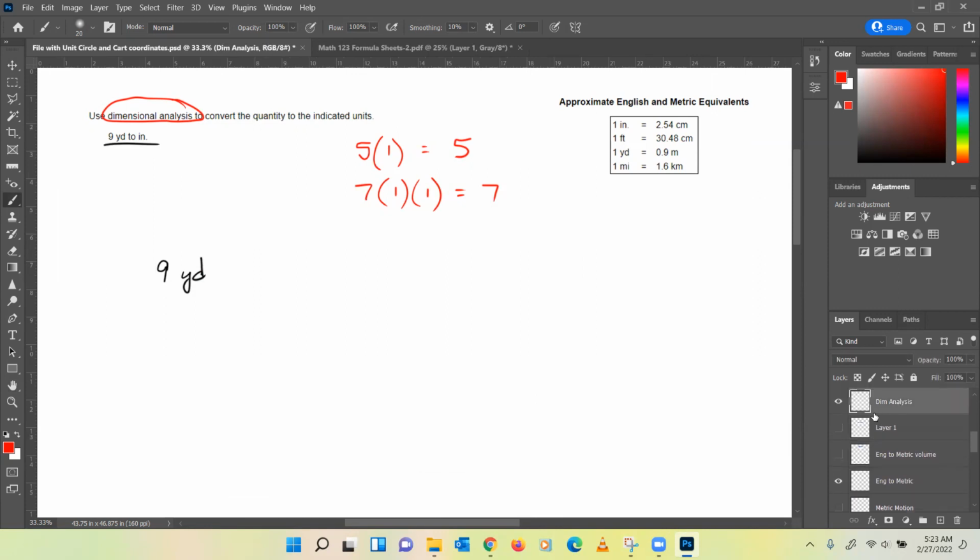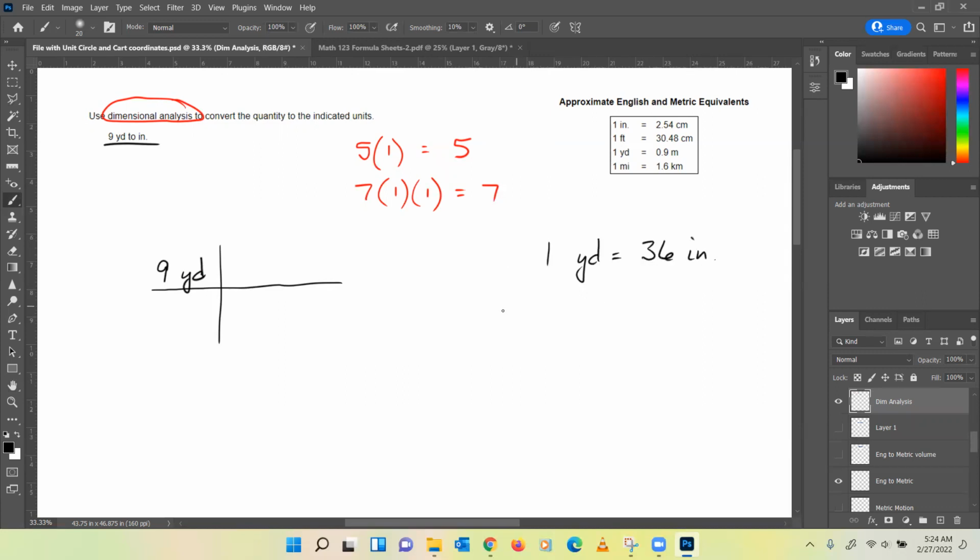So back to our dimensional analysis here. We've got 9 yards. And this method that I'm going to tell you will always work and always help you calculate what you need. So we saw earlier that 1 yard is 36 inches.